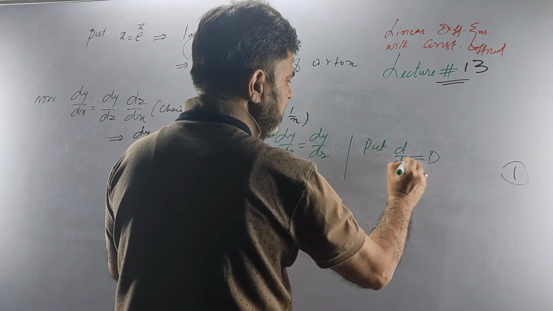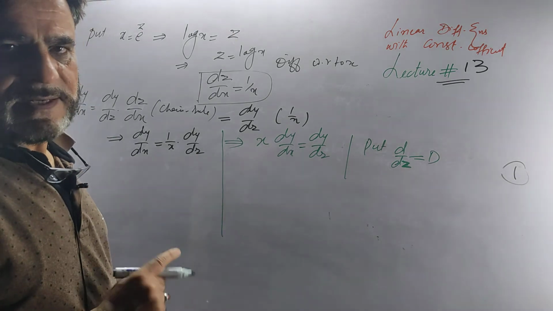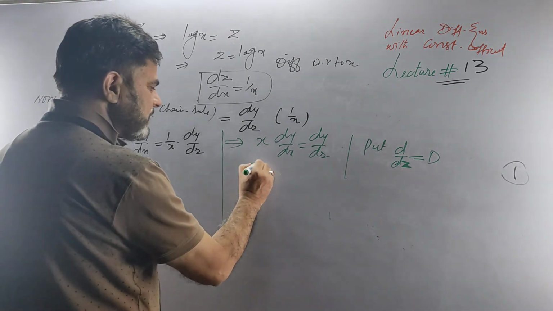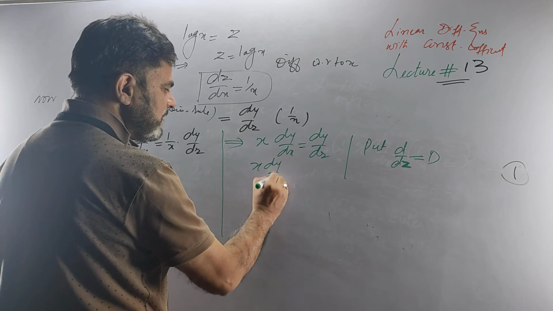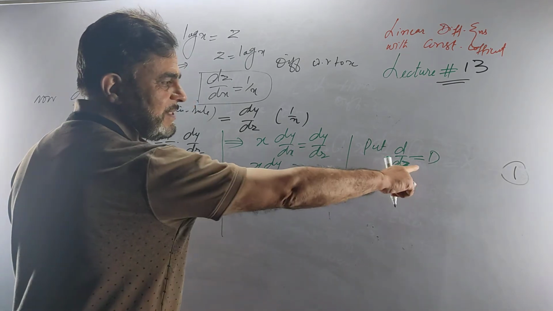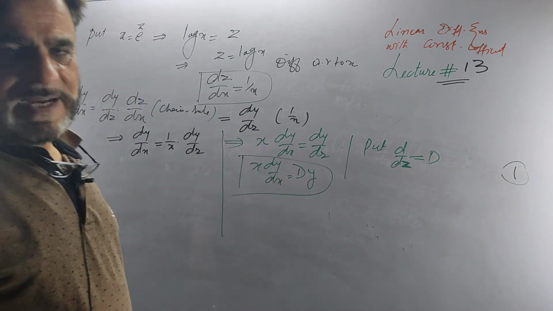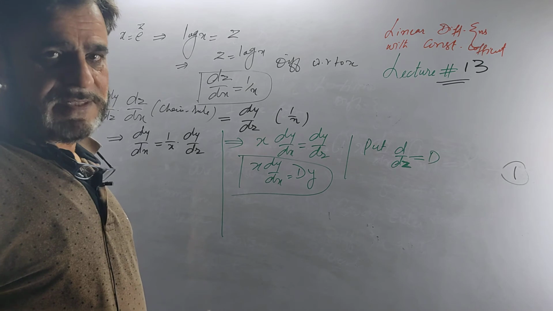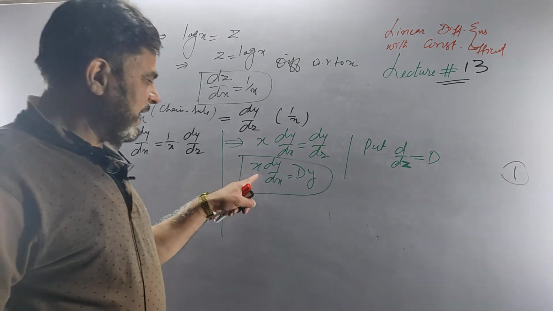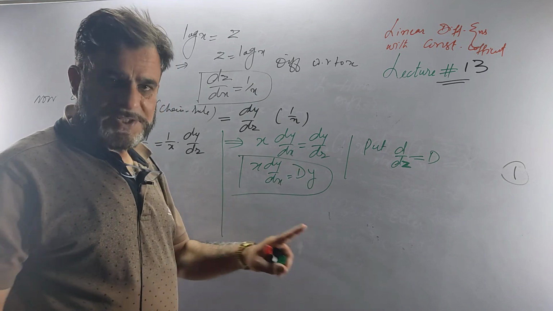If I denote d/dz by capital D, then x dy/dx is Dy, where D is d/dz. Therefore, in the given equation 1, I have the term x dy/dx, which I can now replace by Dy.